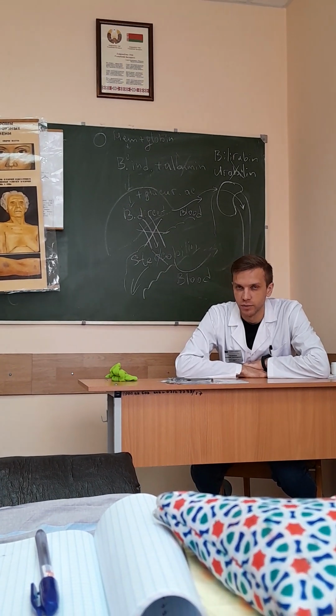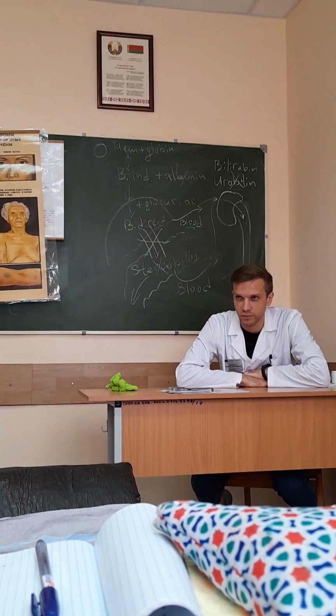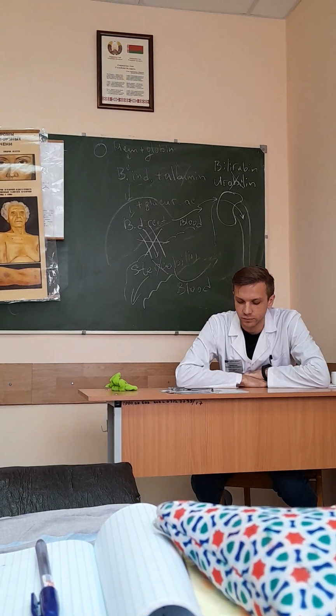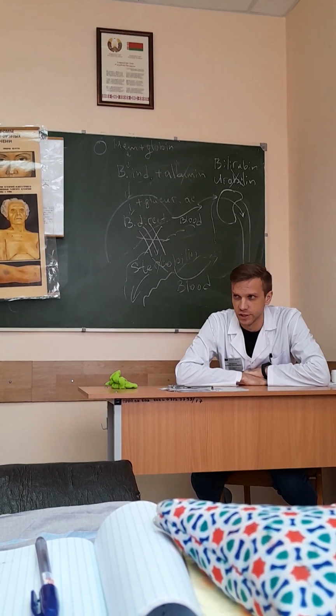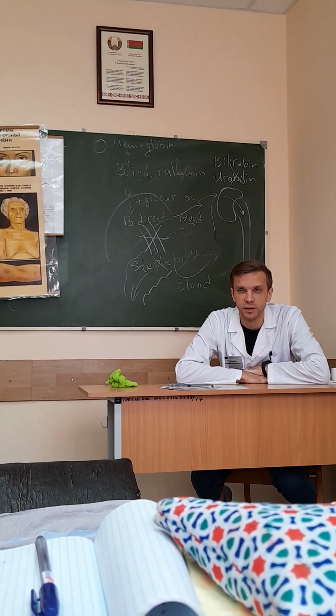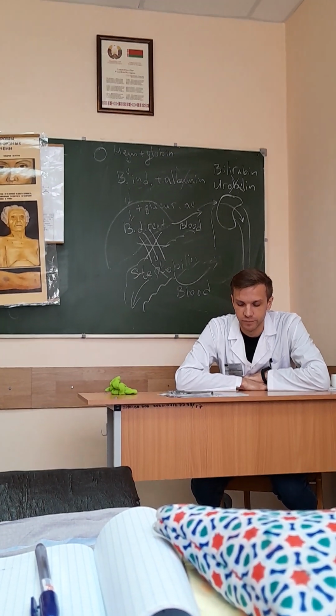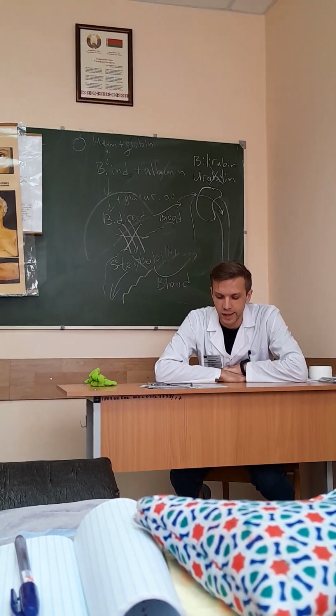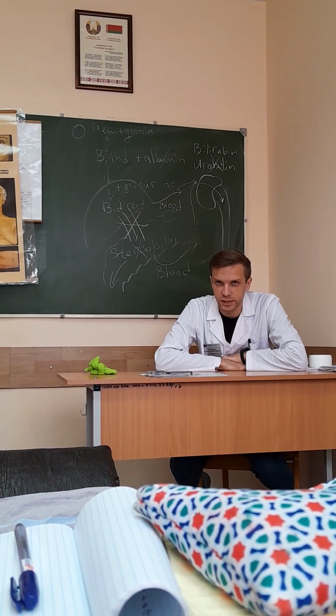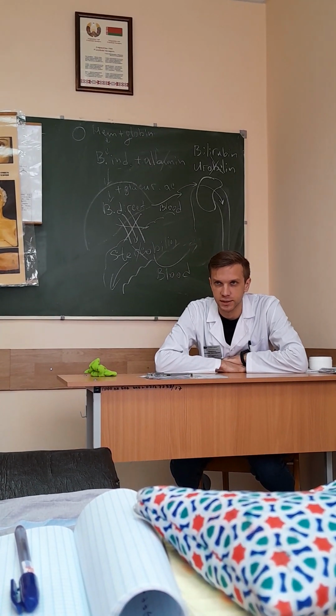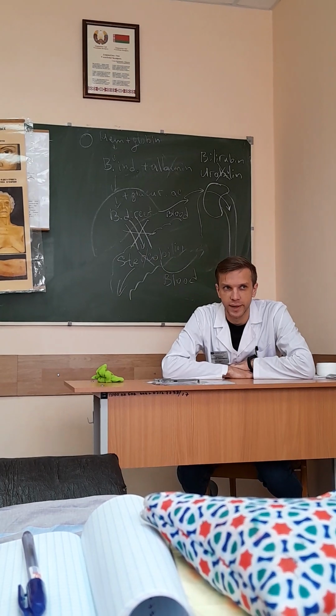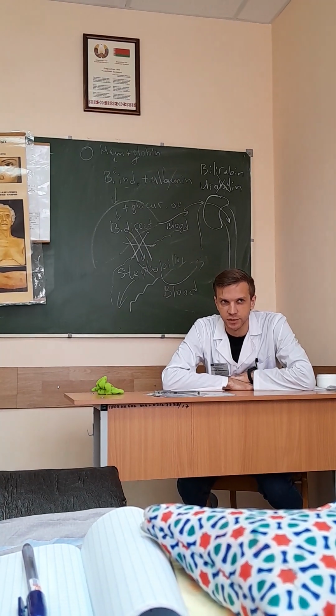Next ion, which we can test, is iron. Железо сыворотки in Russian, it is iron of blood serum. The next indicator, last in the table, is OZHSS. It is iron binding capacity of blood serum.